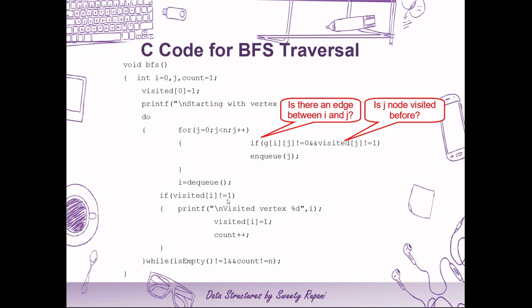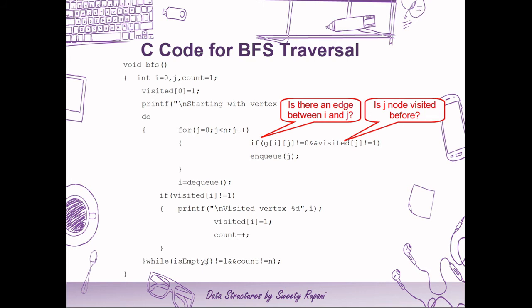Once this condition goes true, the ith node would be marked as visited and the count would be incremented by 1. This do while loop continues until there is an empty queue or count equals n. Why we need to keep this condition is, it may be possible that there are some isolated nodes in the graph. Isolated nodes are those nodes which are not connected to any other nodes.